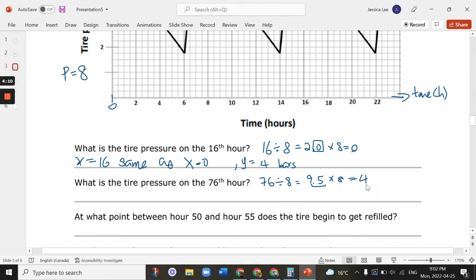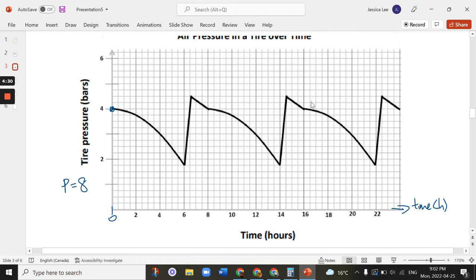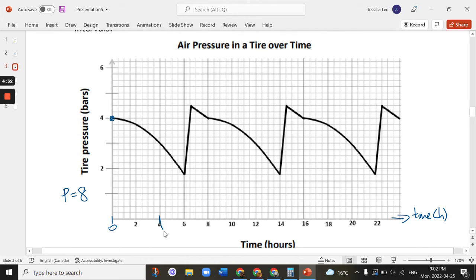So all that little calculation is telling me that when x equals 76, that's the question, it will be the same as x equals 4, because we definitely don't have 76 on the graph here. It ends at 22. But no worry, because I do have 4 here. So 4 is right here.